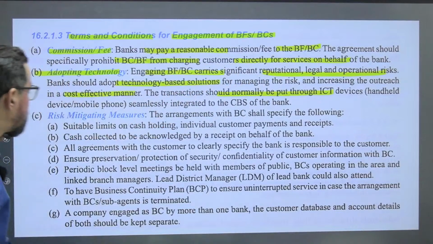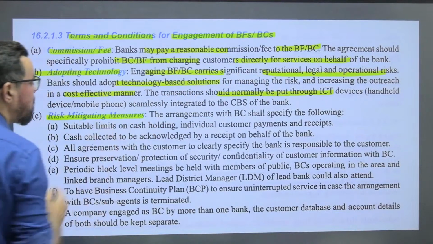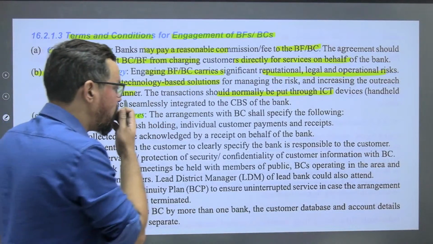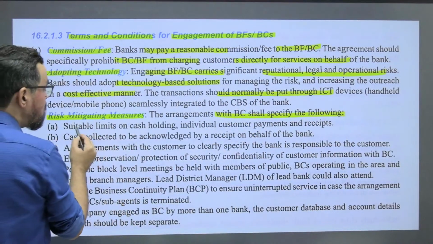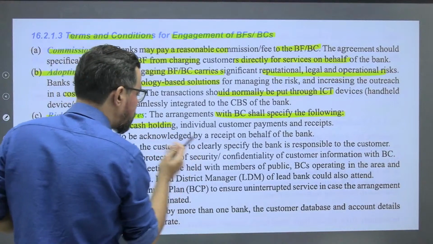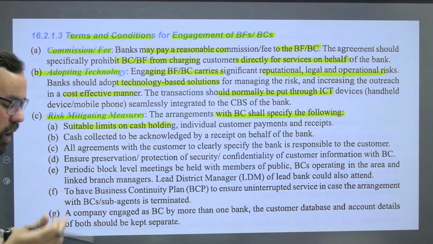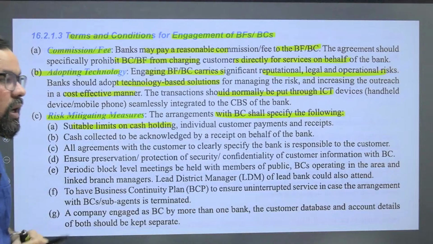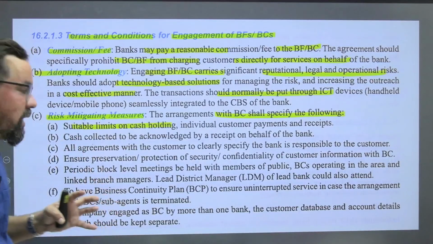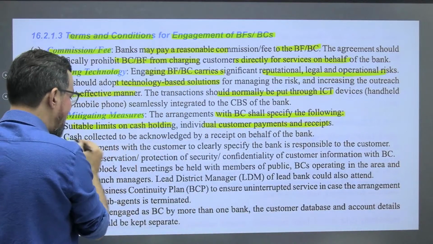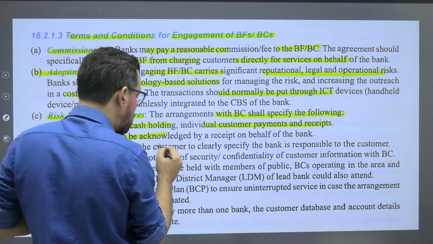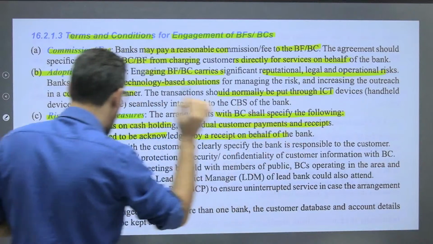All right. Next one, risk mitigation measures. The arrangement with BC shall specify the following. Pehla, suitable limit on cash handling, like till how much value they can handle the cash and all. तो कितने तक के deposit accept कर सकते हैं, others. Individual customer payment and receipt: cash collected to be acknowledged by a receipt on behalf of the bank.